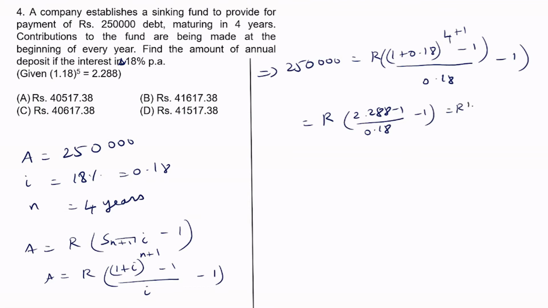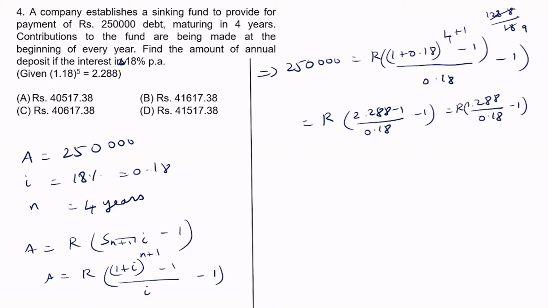So it is R into 1.288 upon 0.18 minus 1. So this is 128.8 upon 18. Shifting the decimal places 2 places to the right, we get 128.8 upon 18.